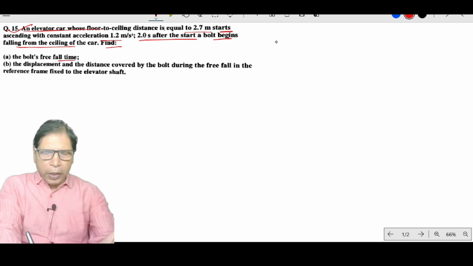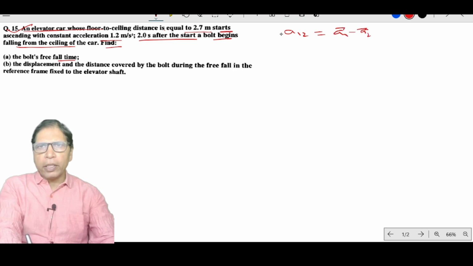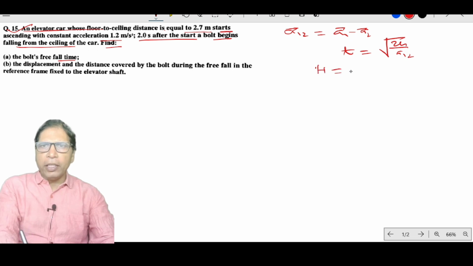Now the concept required to solve this numerical is the relative acceleration A12, this is A1 vector minus A2 vector. Okay. The time of fall T equals root over 2h by the relative acceleration. Okay. Look at this, the maximum height under gravity is u square by 2g.